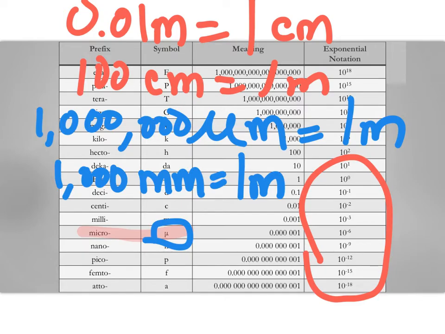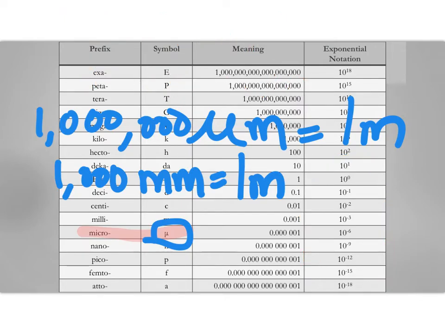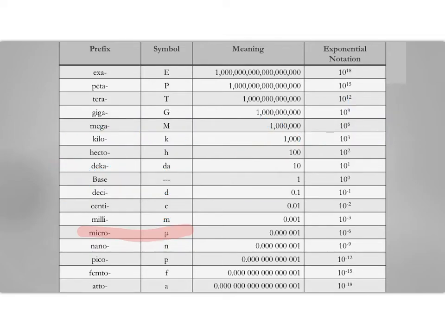All of the prefixes that we will use in this class will essentially be kilo, obviously the base unit of something, and we might use deci, centi, milli, micro, maybe nano. Those are the prefixes for the units that we will see in this class.